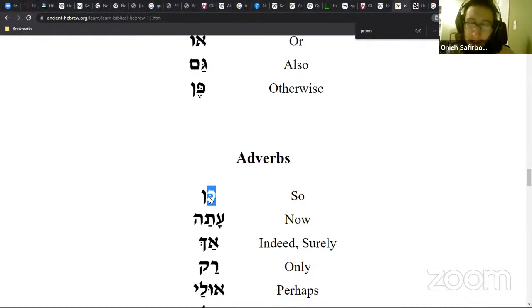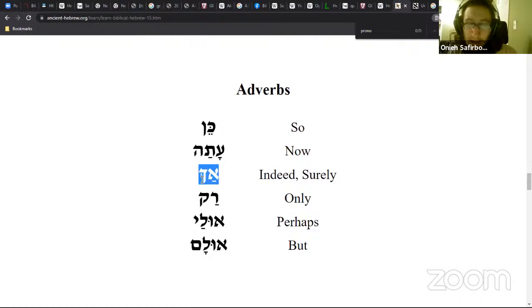Kaf Nun means, they say, so, and they translate it different ways, but I believe the best way to render it is such. Always render it such, pretty much. So, and it was such. It was so. Ayin Tav Hey, now.